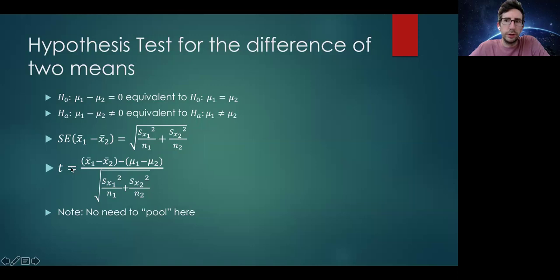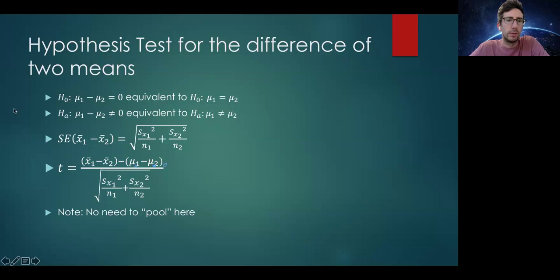So our t-test statistic is going to be the difference of our x bars. We want to see how far away this difference is from our null hypothesis difference of population means, mu naught 1 and mu naught 2.